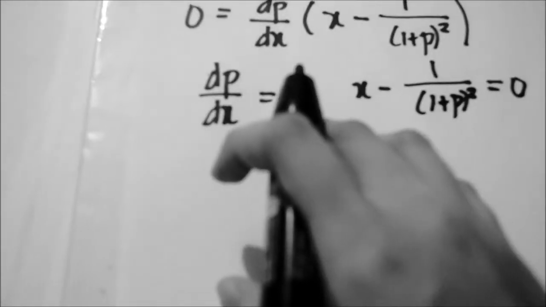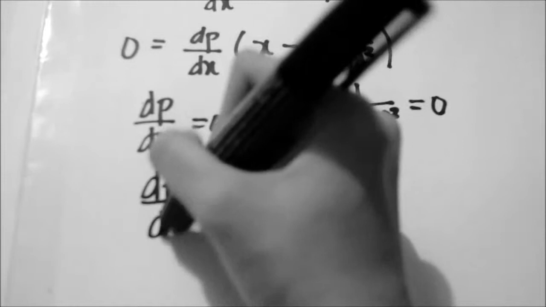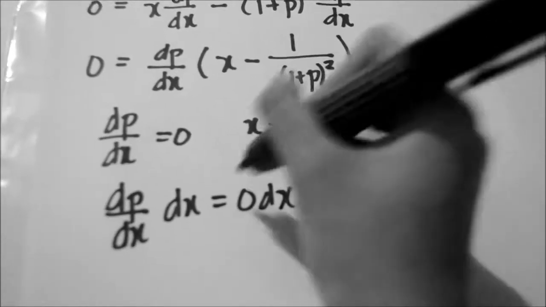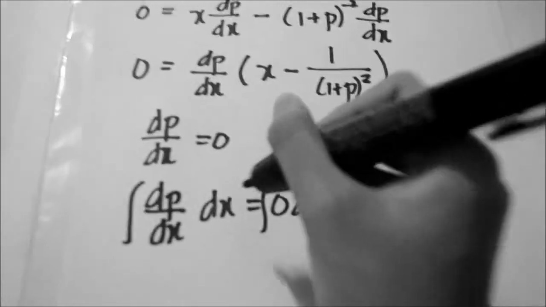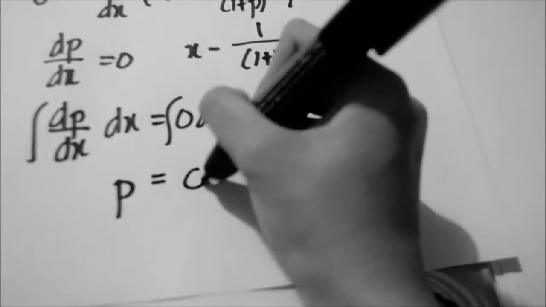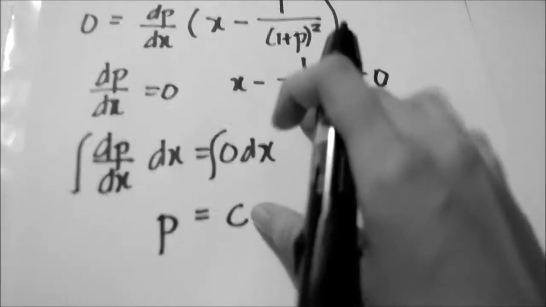First we have dp/dx = 0. We will integrate both sides with respect to x, so we have p = c, which is an arbitrary constant.